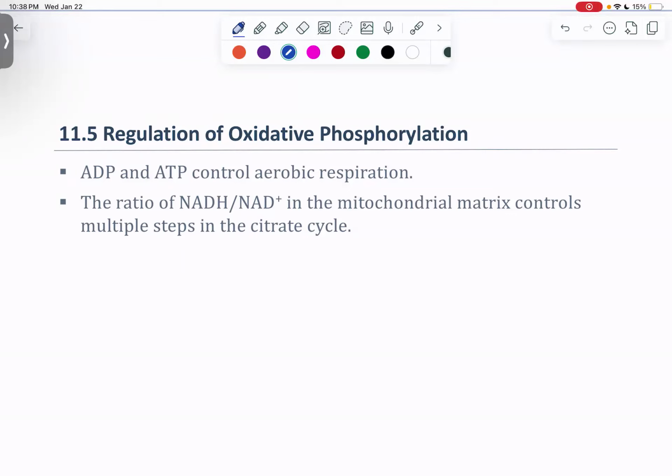So the ratio of NADH is really going to control the flow through the electron transport chain, because if you regulate the citrate cycle, you regulate the electron transport chain. If you regulate glycolysis, you're going to therefore regulate the citrate cycle and the electron transport chain, and therefore oxidative phosphorylation.